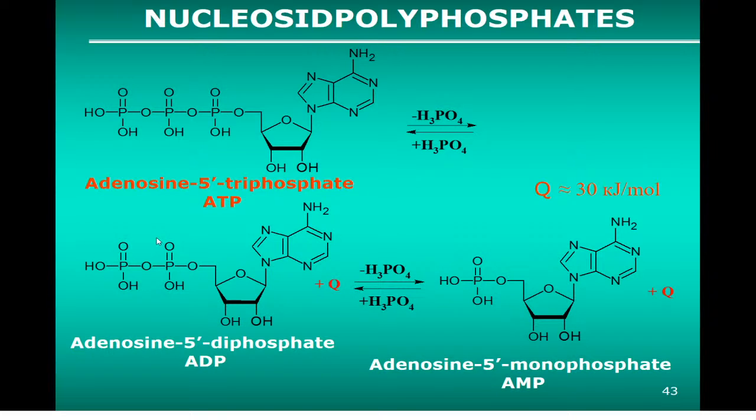So here diphosphate is bonded and some heat released, approximately 30 kilojoules per mole, a little difference. But an ester bond is still present. That's why plus one molecule of water, hydrolysis still occurs, releasing one more phosphoric acid and some heat.